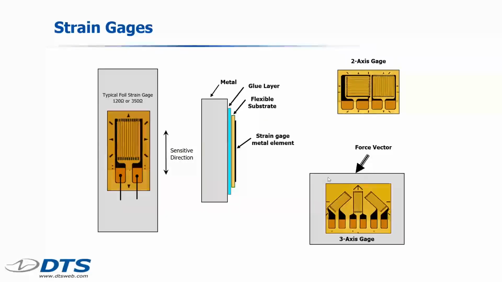Now, the great thing about strain gauges is we can use more than one of them to make a transducer, and when we do that, in this example on the right, if we use a 3-axis gauge, we can actually determine which direction the force is coming from if we use enough gauges. And that's how we make load cells.